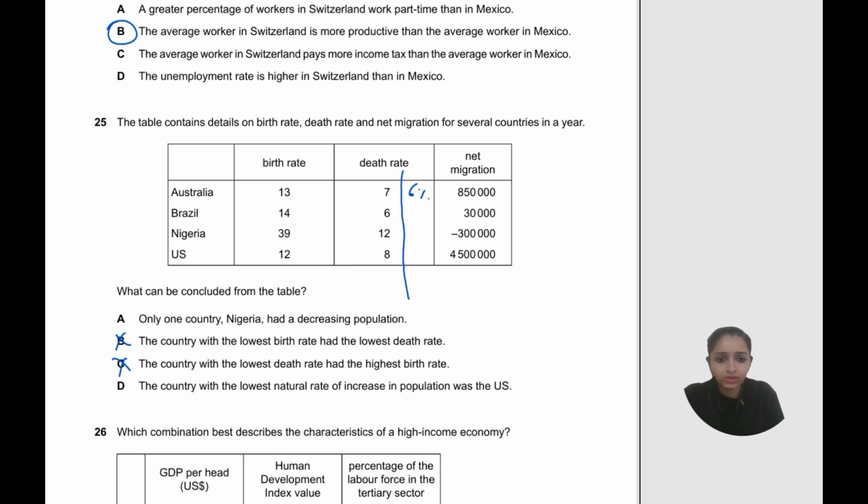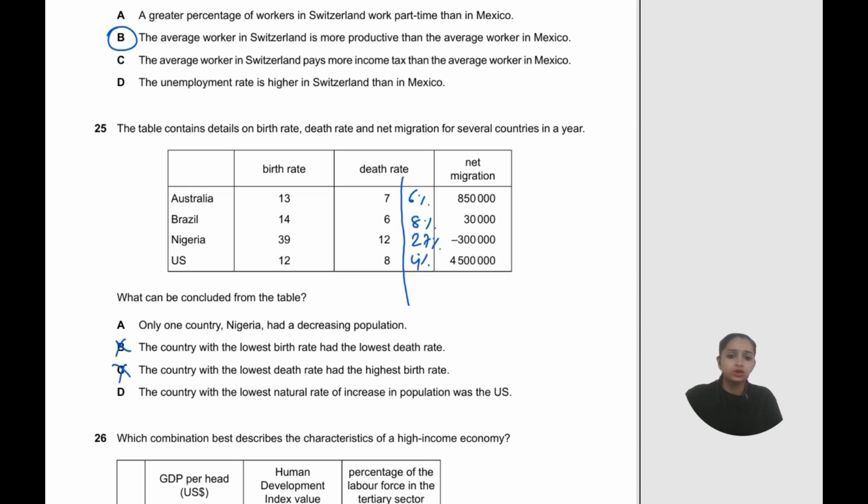Then 14 minus 6 is 8%. 39 minus 12 is 27%, and 12 minus 8 is 4%. Right? Now, if you look at this, the country which has the lowest natural rate of increase in population is USA. Yes, it is the country. So D is probably the answer.